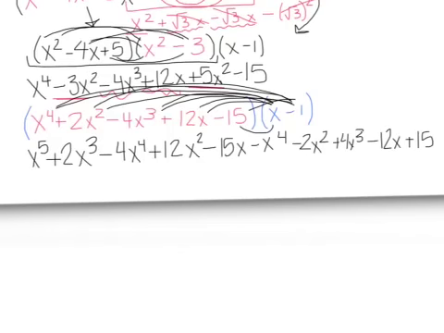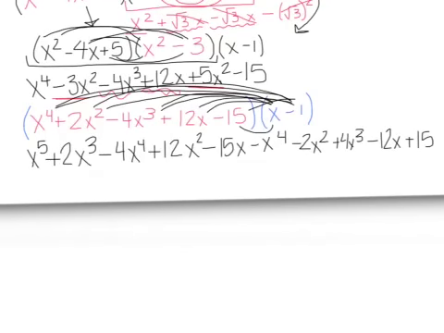We need to combine all of the like terms. So x to the fifth is all by itself. There aren't any other x to the fifth, so we'll just put x to the fifth. If we have an x to the fifth, the next piece would need to be an x to the fourth. So as we're combining like terms, we can kind of put it in order to save ourselves some time later.